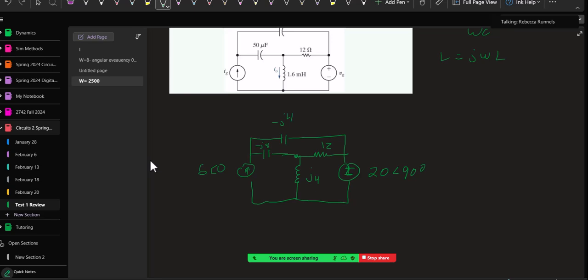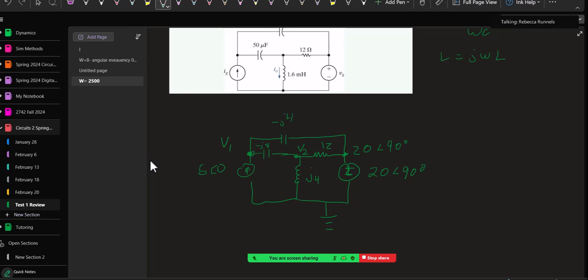And then I will call this V1 and this V2 and this ground. This node I'm not going to label because I know what the voltage is there. If this is ground, then the voltage here is 20 angle 90 degrees.